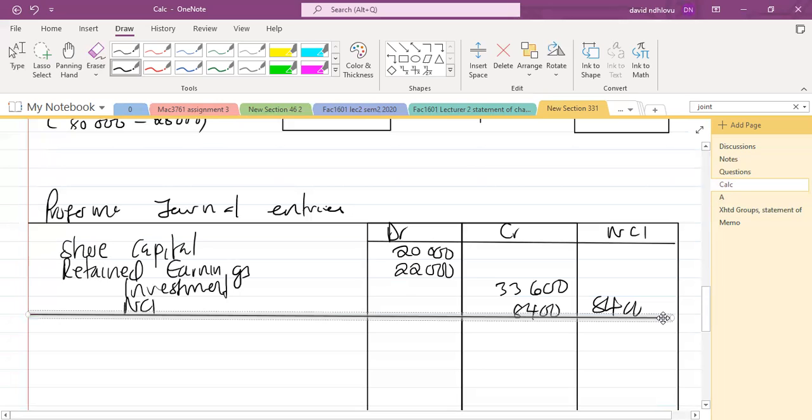But the portion that corresponds with NCI, we are simply changing the name so that we recognize NCI, which is recognized at group level. So that is always your first journal. Any questions, good people? Are we clear? Are we on the same page? Yes, we are. Let's go to the second part.